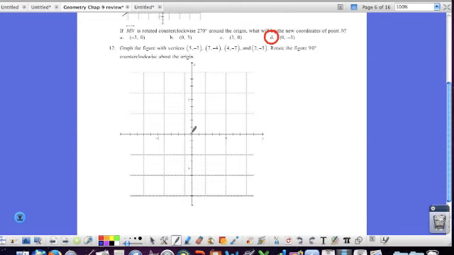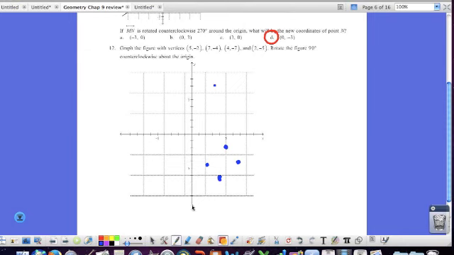So 5, -2, 1, 2, 3, 4, 5, -2. 7, -4. 4, 1, 2, 3, 4, for -7. Started to go up 7, but it's down 7. And 2, -5.